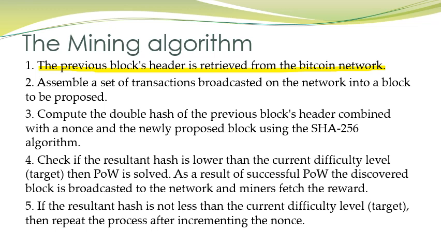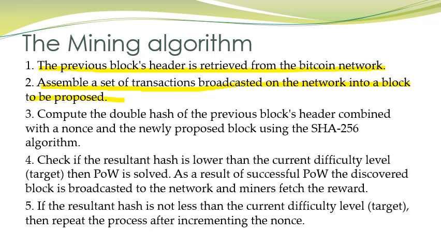The second step of this mining algorithm is to assemble a set of transactions broadcasted on the network into a block to be proposed. In this algorithm, our aim is to find a hash value that should be less than the difficulty level. For this purpose, as in the proof of work equation we studied previously, we need to combine different fields: the nonce, the hash of the previous block, and the transactions that we want to add.